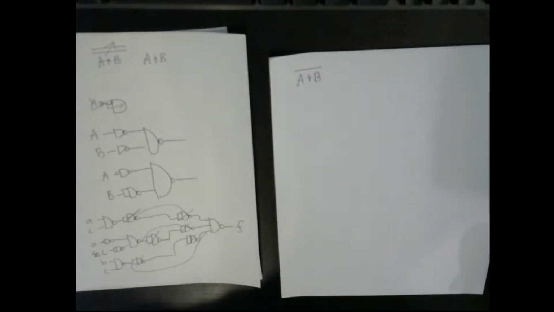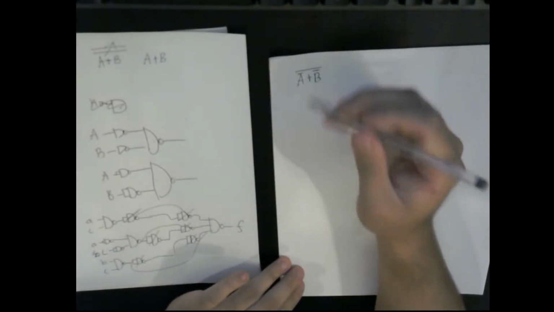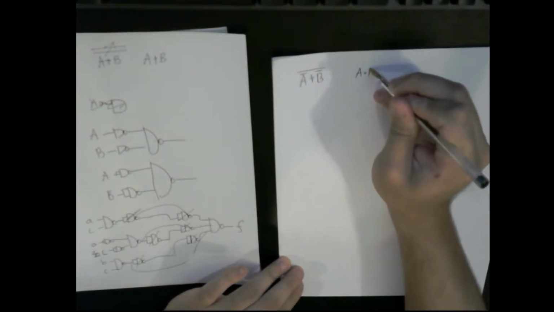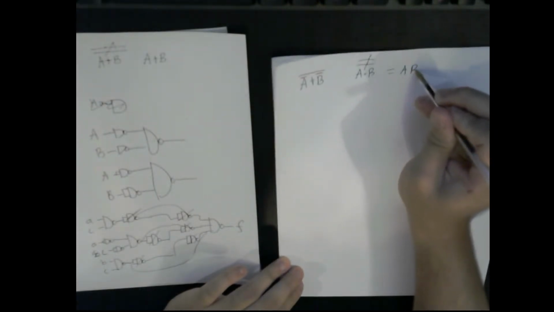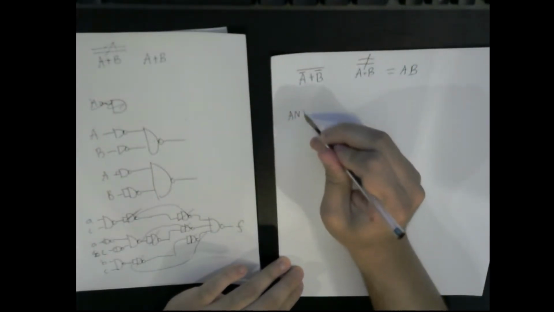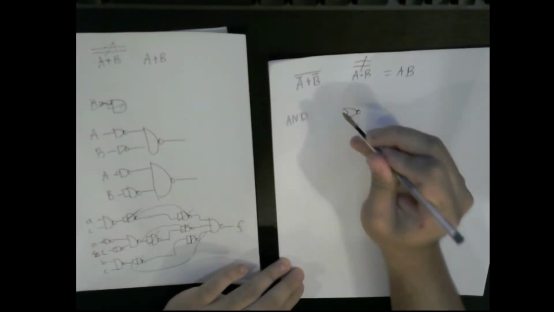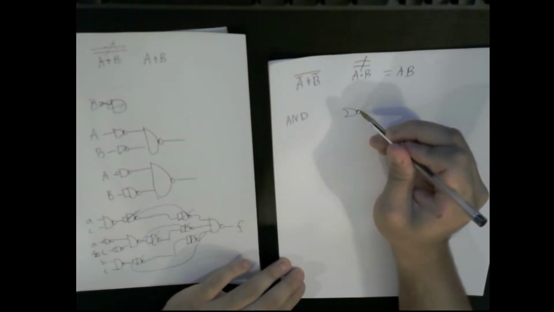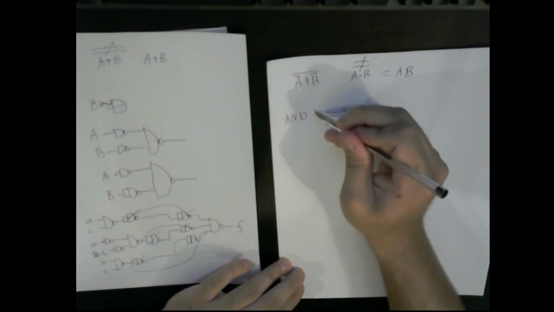What if we do the same trick we had with the NAND gate, where we inverted both the inputs like this, applied DeMorgan's Law, combine the line and change the sign, A or B, cancel that out, and we get AB. So an AND gate in NOR gates is like this: a NOR gate, and we have our inputs, and they are inverted.